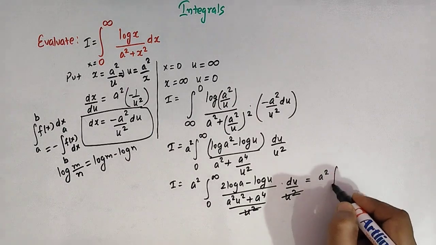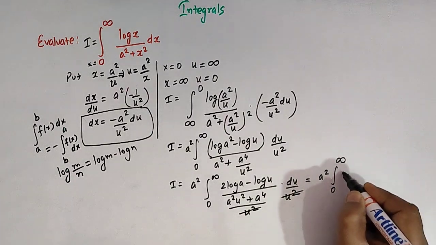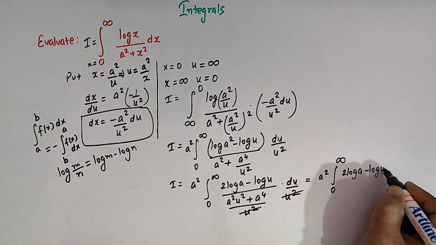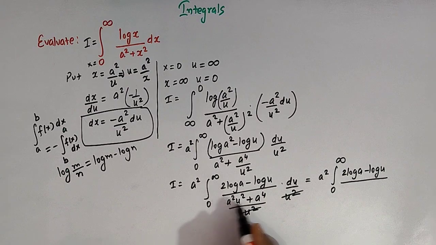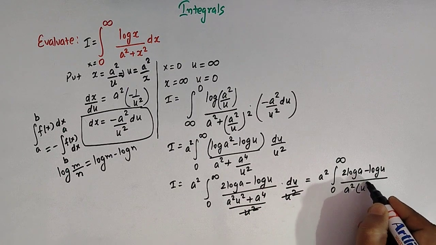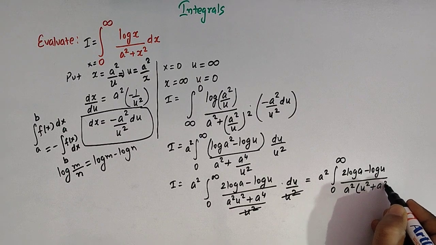We are now left with a square, and we have 0 to infinity, 2 log a minus log of u divided by, here we can take a square common, so we have a square times u square plus a square.